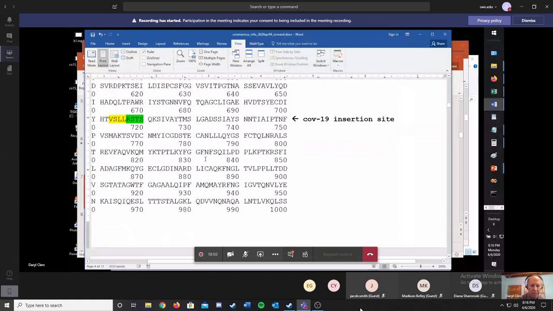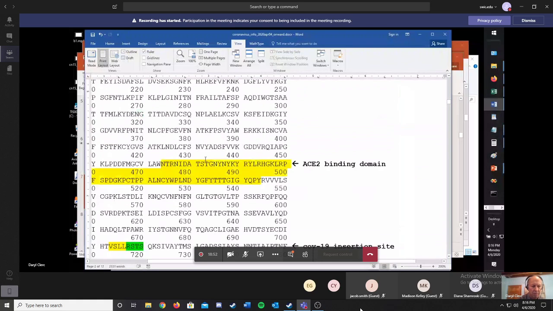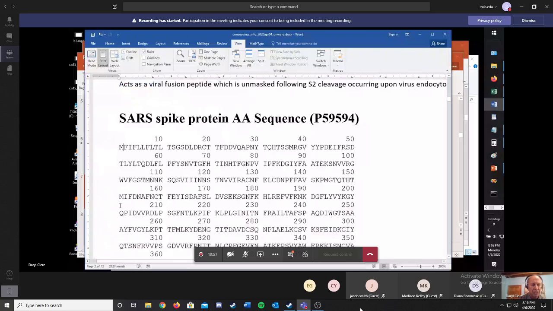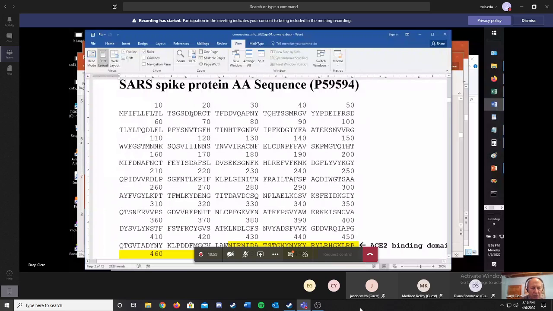So the spike protein, for instance, here's an R. We just looked up R in that table. If we were actually building a chemical formula for this, we would substitute in for R one of the models that I just showed you.